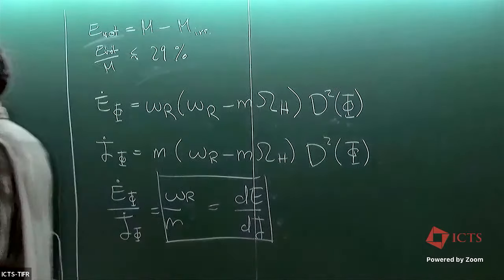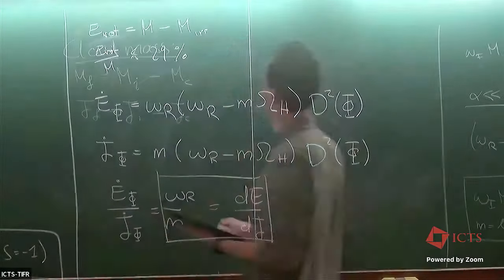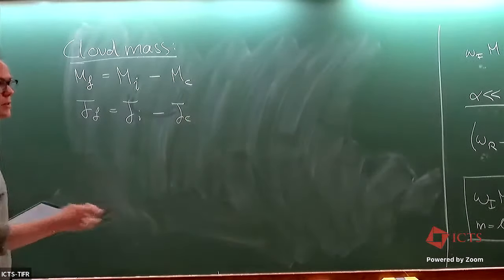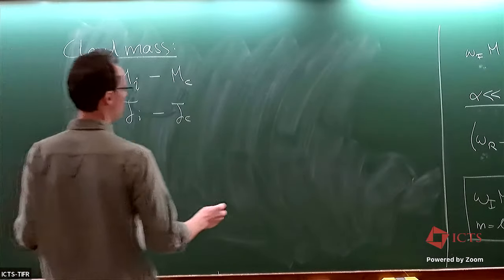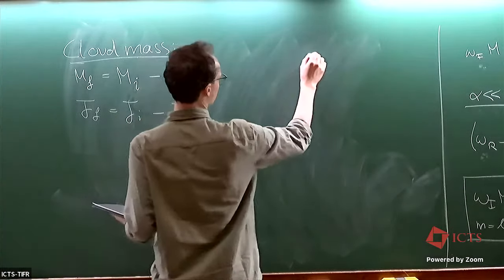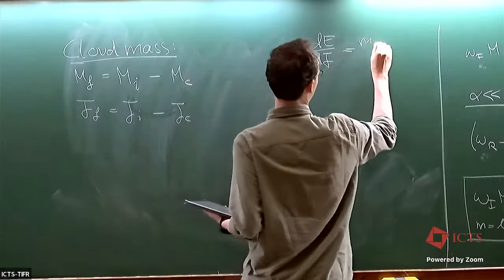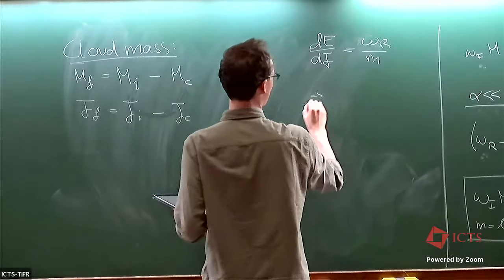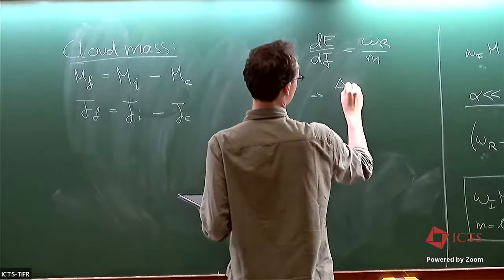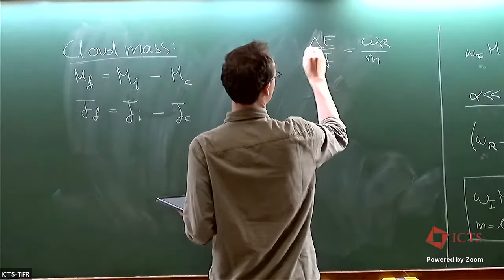So we already know that if MC was generated through a superradiance process, i.e. it extracted the energy from the black hole, then we know that dE by dJ is omega r over m, or equivalently, we can just assume this is not a d, but just a delta.